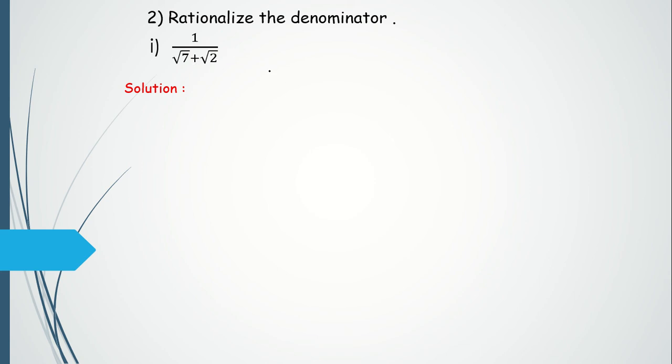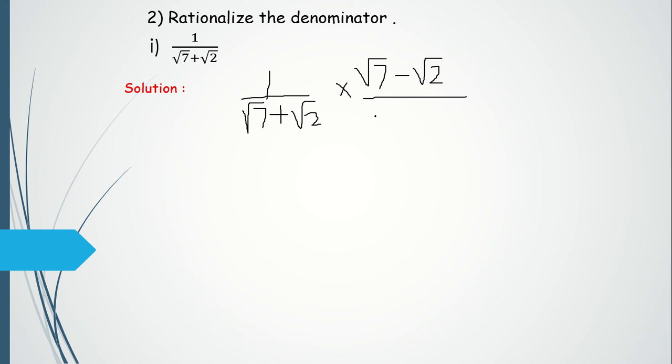That's it. So see, this is 1 upon root 7 plus root 2. So we multiply numerator and denominator by its conjugate. So that's going to be root 7 minus root 2 upon root 7 minus root 2.